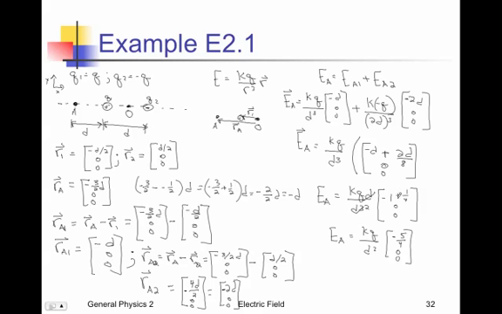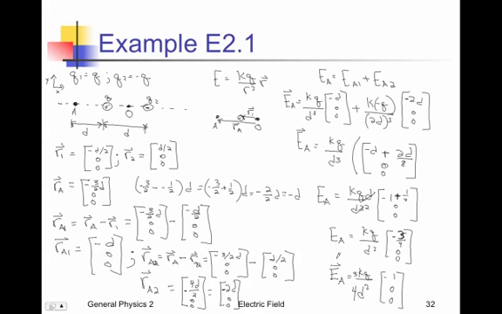So this becomes plus, and so now instead of 5/4, I have negative 3/4. And so if I factor that out, E_A equals kQ over d squared and 3/4 here, and then I have a minus 1, 0, 0.